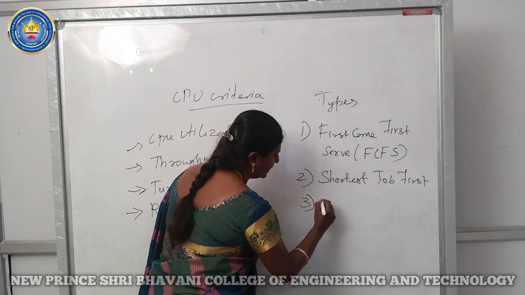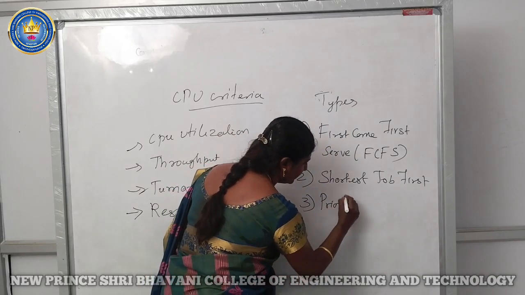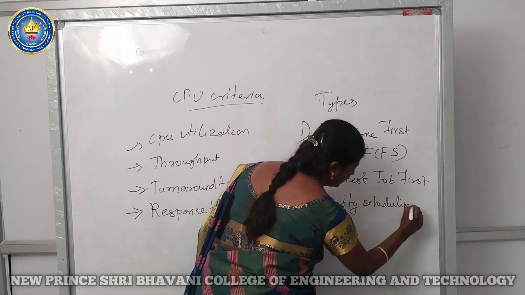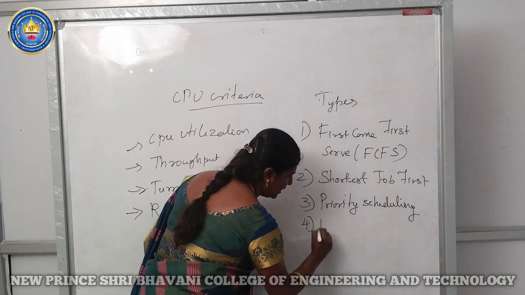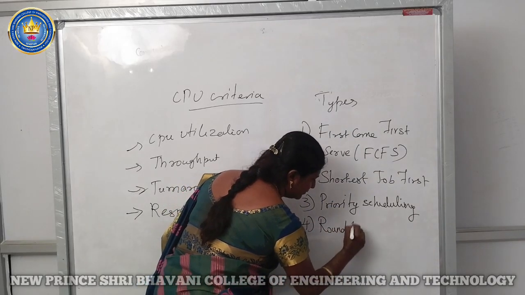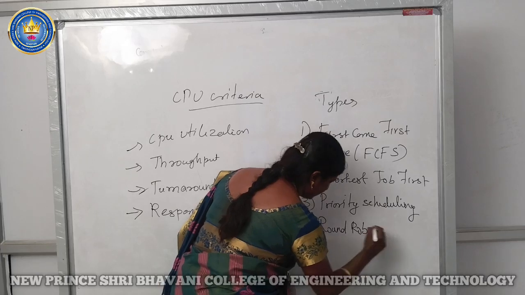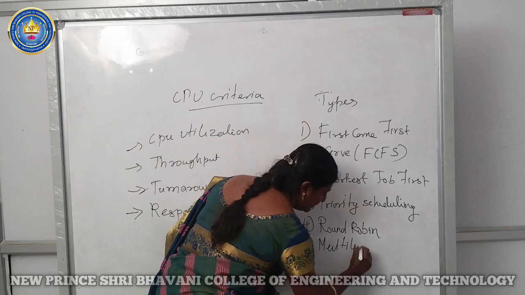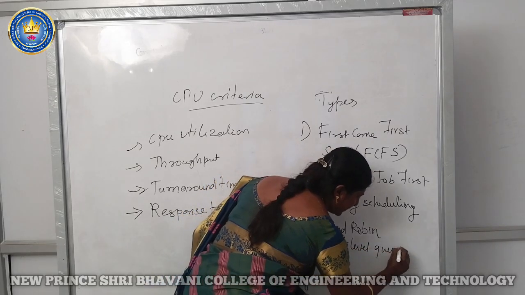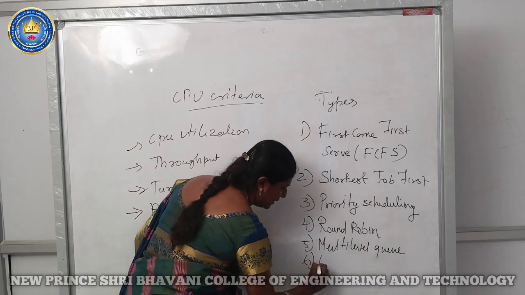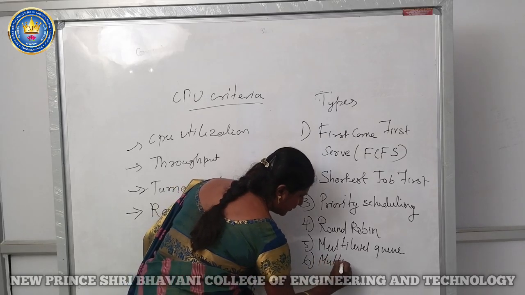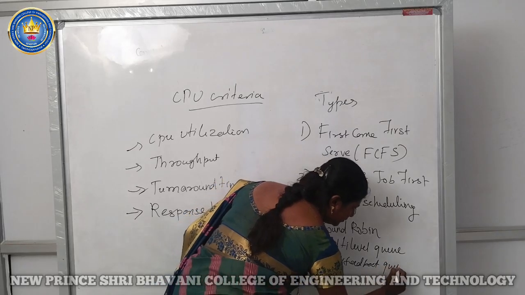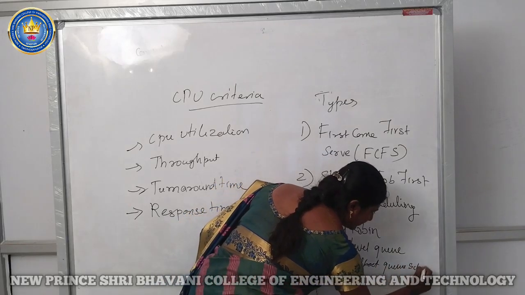Third, priority scheduling. Fourth, round robin. Fifth, multi-level queue scheduling. And sixth, multi-level feedback queue scheduling.